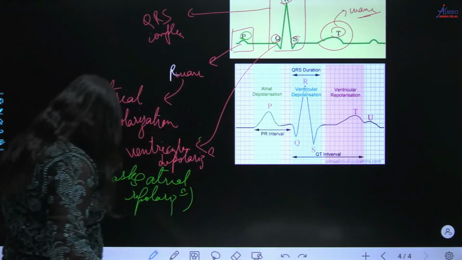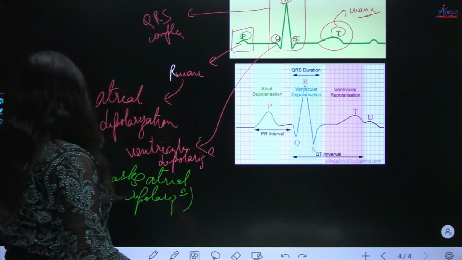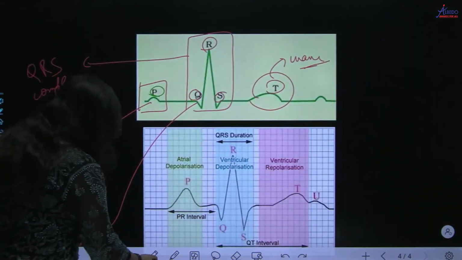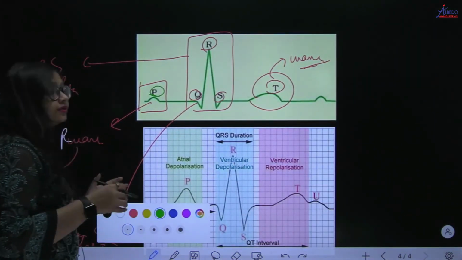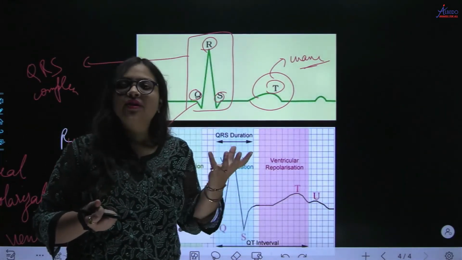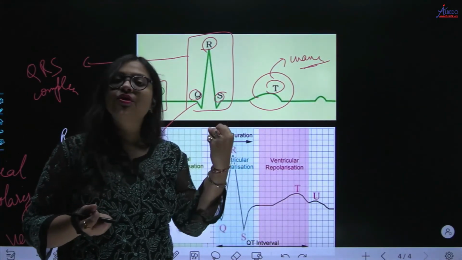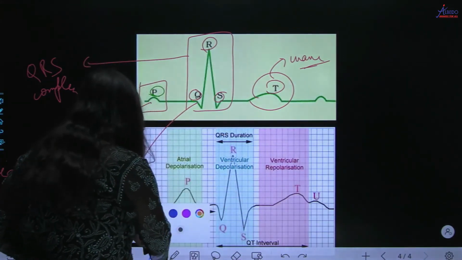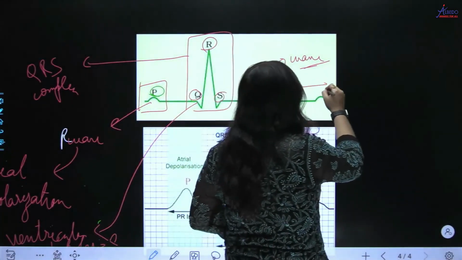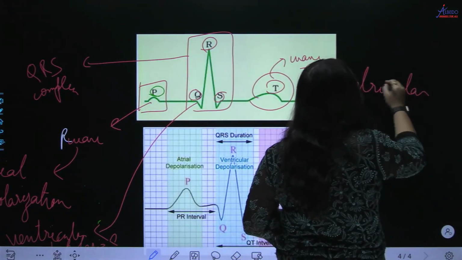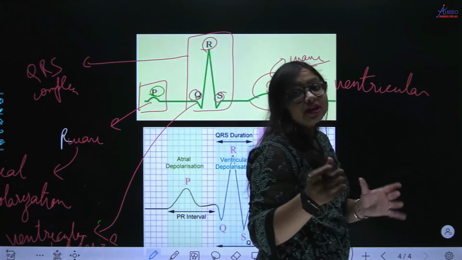Okay, and this last wave, this T wave, now after ventricular depolarization, after ventricular systole, what will happen? There will be ventricular repolarization, or there will be ventricular diastole. So this T wave corresponds to your ventricular repolarization, right? What do you mean by repolarization?